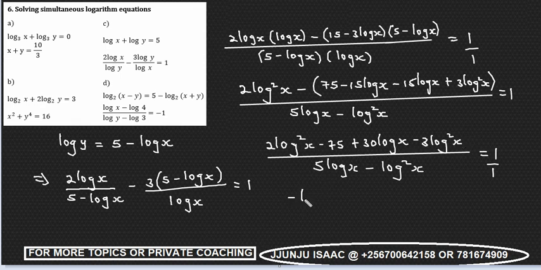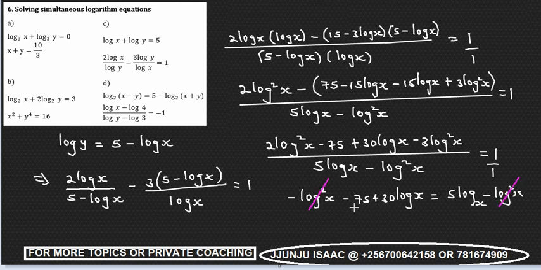We get negative log squared x. Then minus 75 plus 30 log x equal to 5 log x minus log squared x. So now we can see that negative log squared x and negative log squared x cancel.